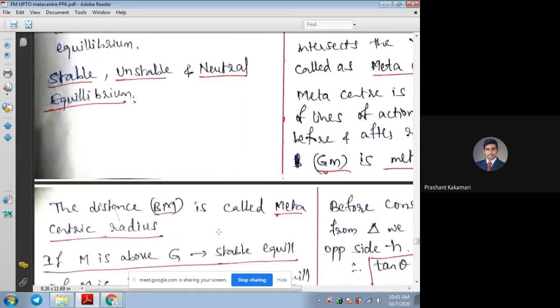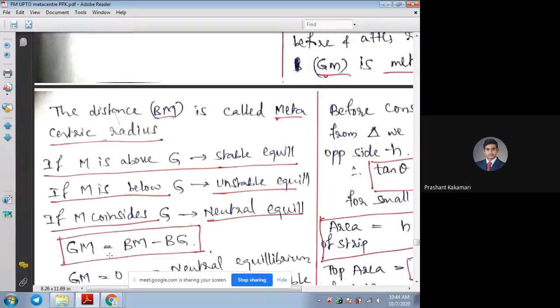From that sketch, we'll analyze the sketch once again in the top view, front view, and other views after applying the couple. So here, for the bodies with metacentric height, if the metacentric point M is above G, then it is stable. If M is below G, it is unstable.